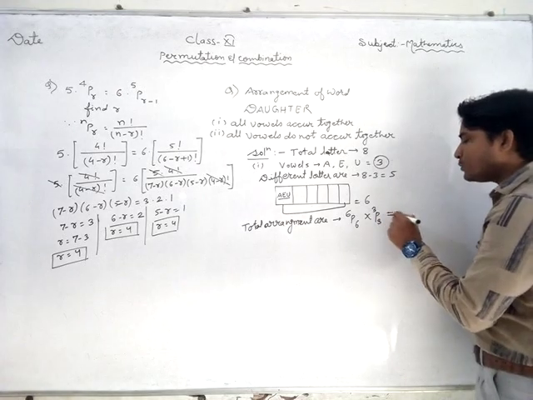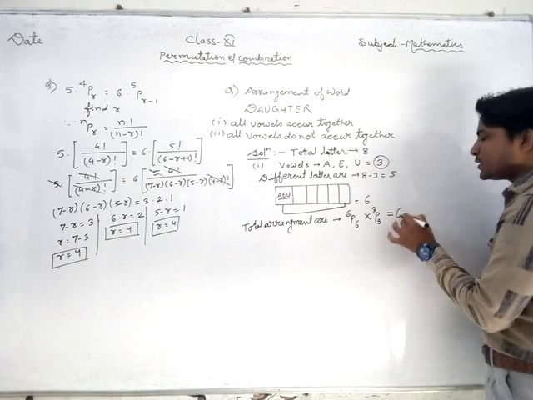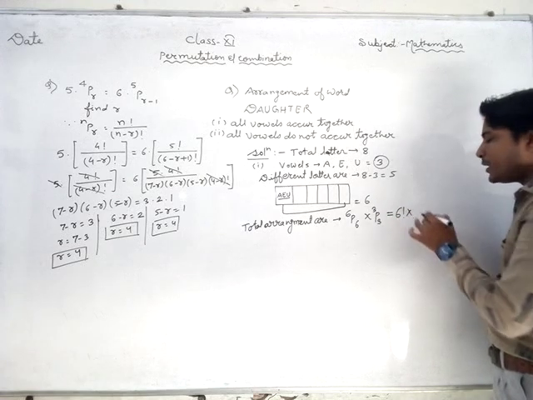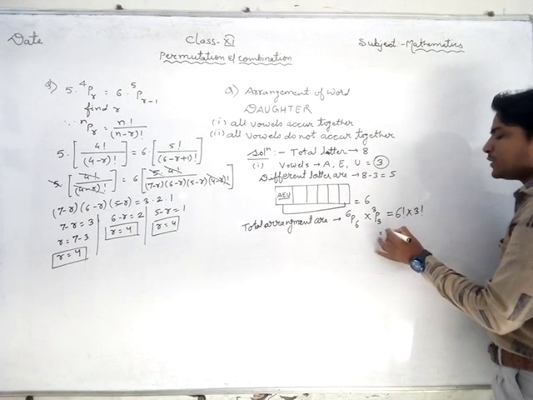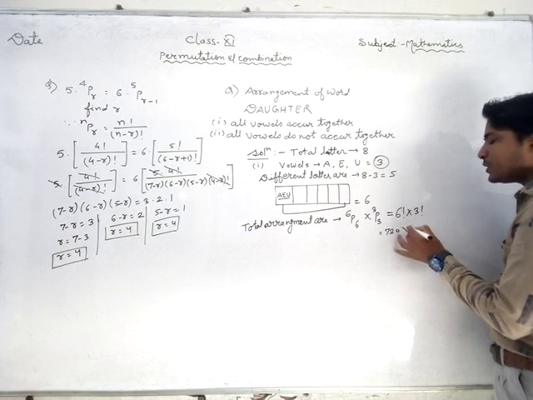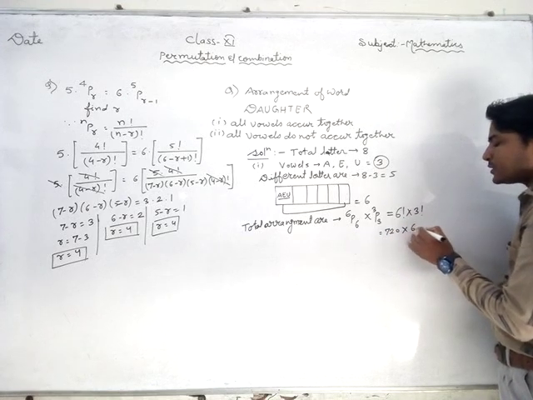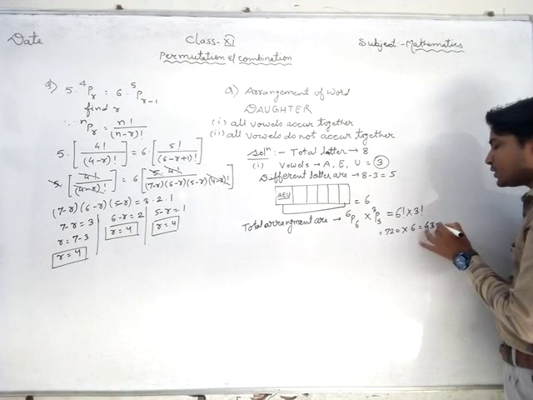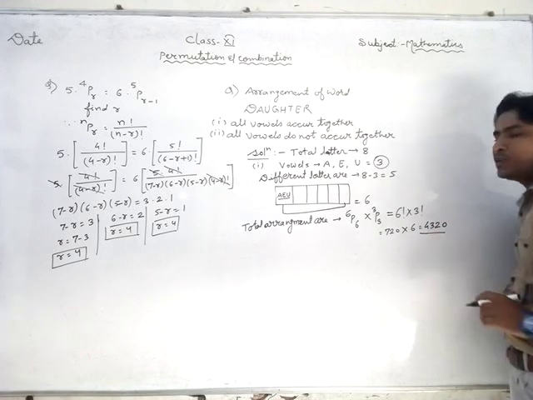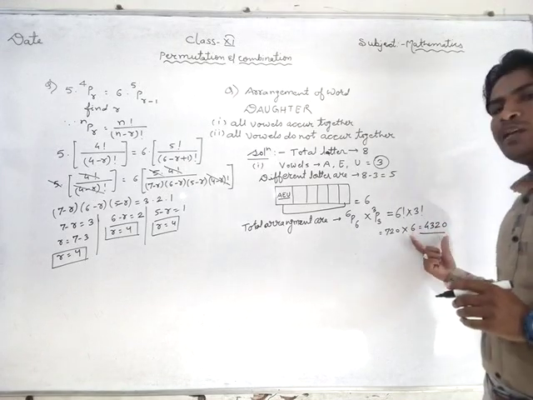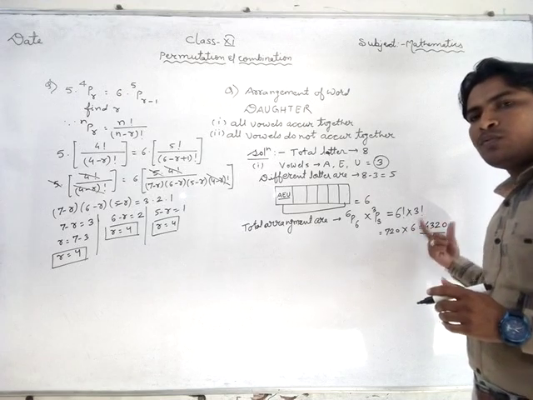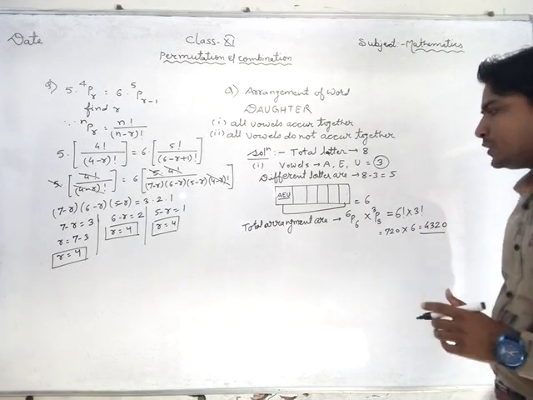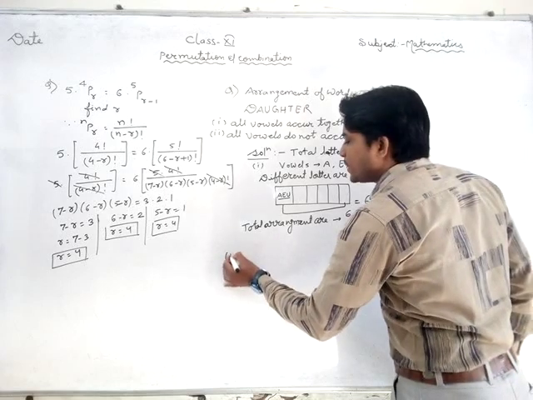According to permutation, there will be 6 factorial multiplied by 3 factorial. 6 factorial is 720 and 3 factorial is 6, so the answer is 4320. The total arrangements are 4320.